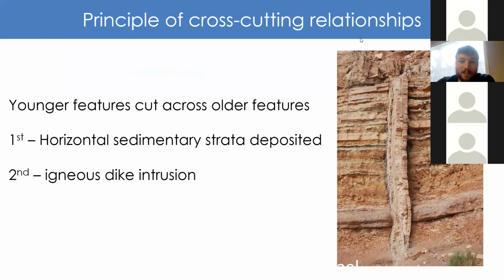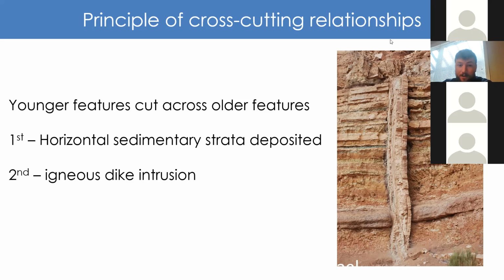So cross-cutting, sometimes you have these events that create some type of scar along the horizontal layers. So something that could happen is igneous features have what are known as dikes that kind of wedge their way through previous rocks, and they form these long deposits that cross-cut the older deposits.